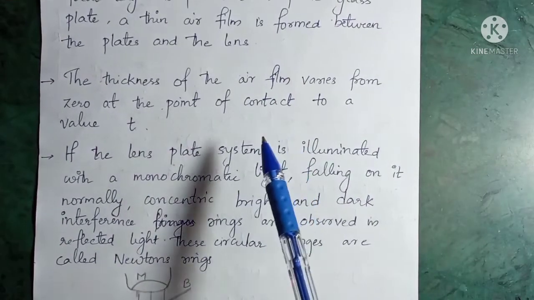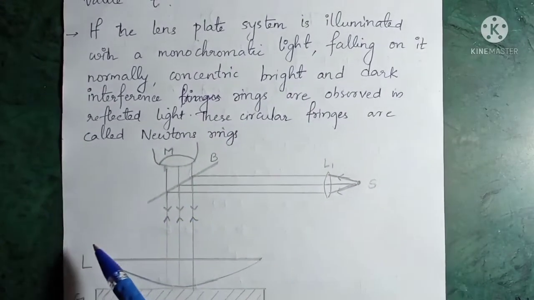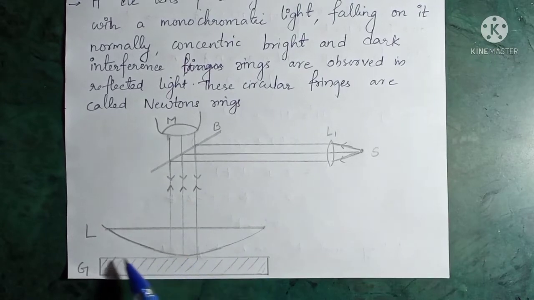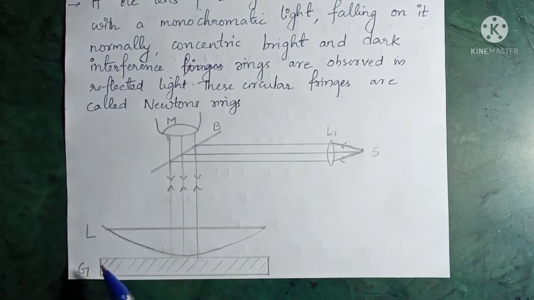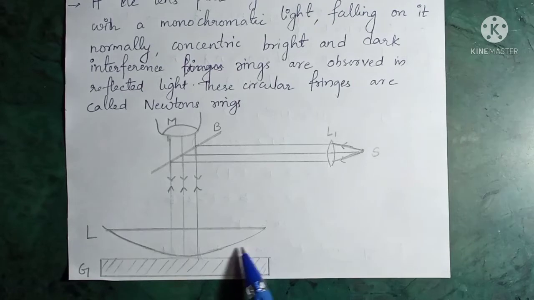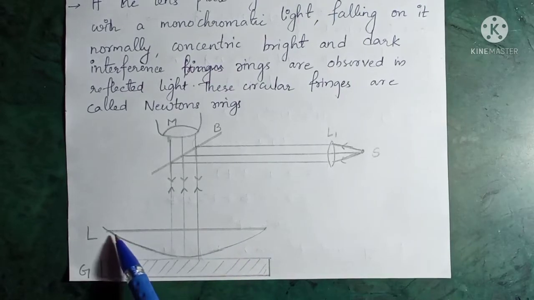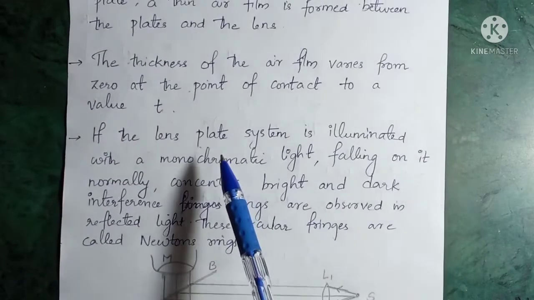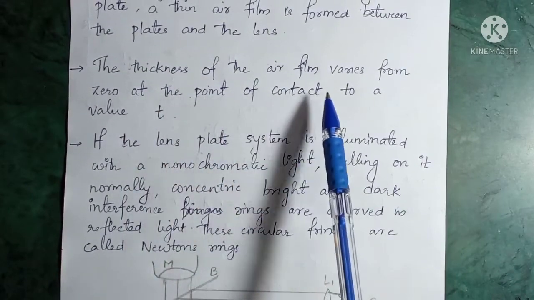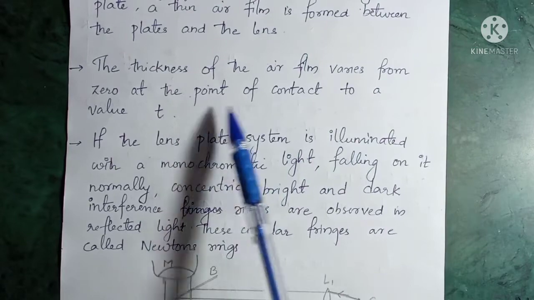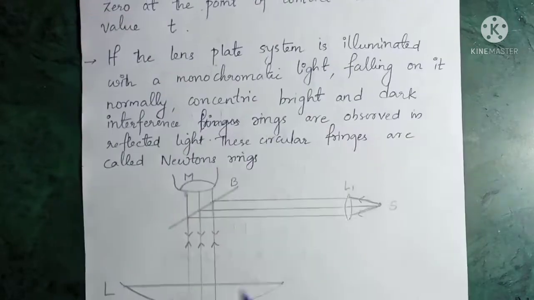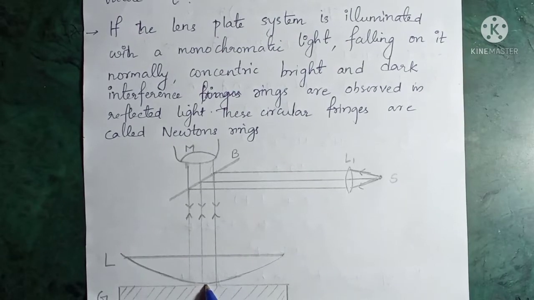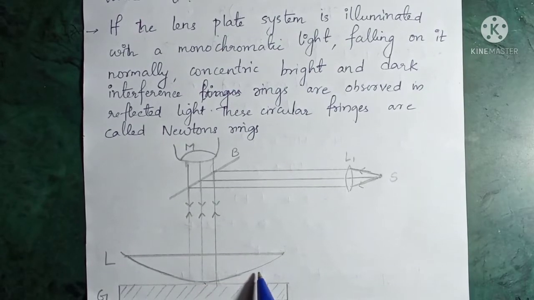So when the plano-convex lens is placed on the surface of this glass plate G, a thin air film is formed between the plano-convex lens and the glass plate. The thickness of this air film varies from 0 at the point of contact to a value T. So at the point of contact, the thickness of the air film is 0 and it gradually increases.